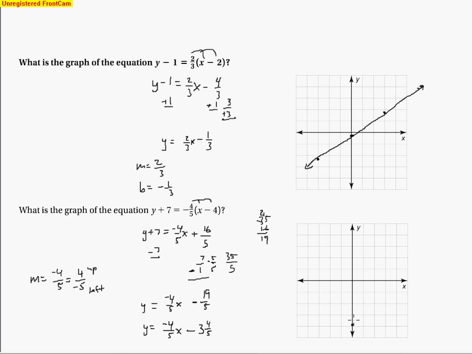So up 4, so 1, 2, 3, 4, and then over 5 to the left, 1, 2, 3, 4, 5. And that's the only point I'll be able to fit on my graph, so I'll draw the line between those two. And that's what the graph will end up looking like. So a negative slope heading downhill from left to right. So those are some problems that you'll see on the homework tonight. Good luck.